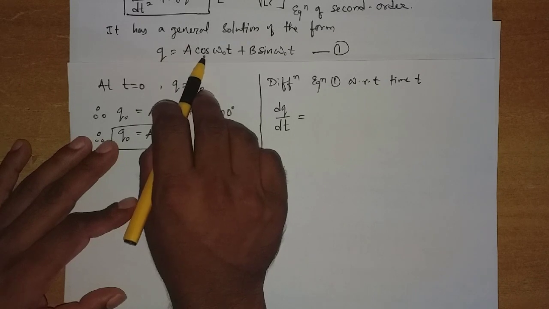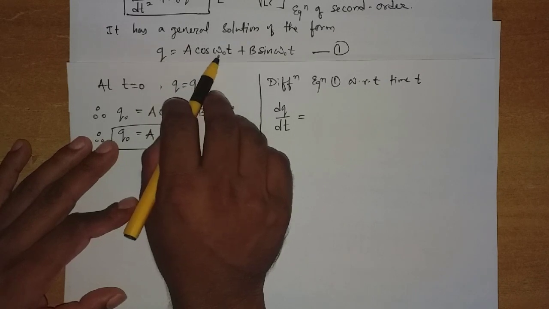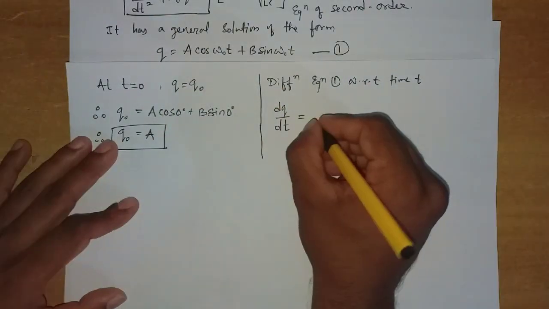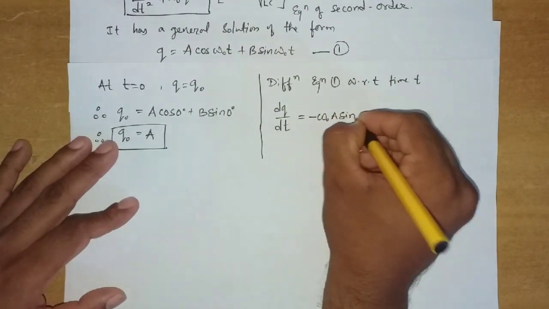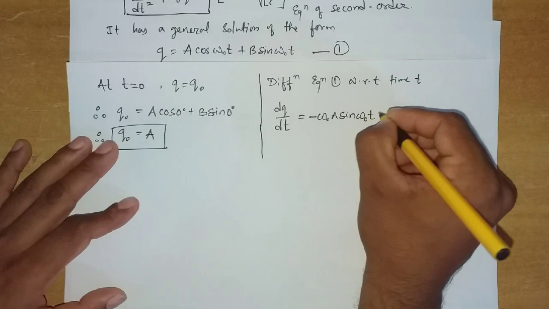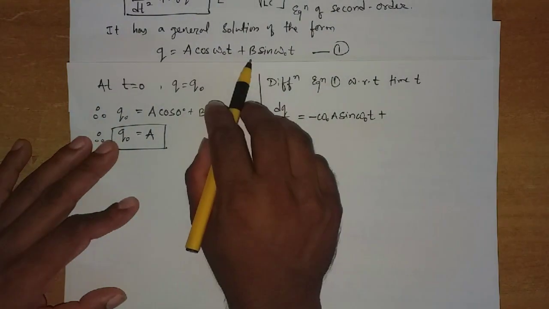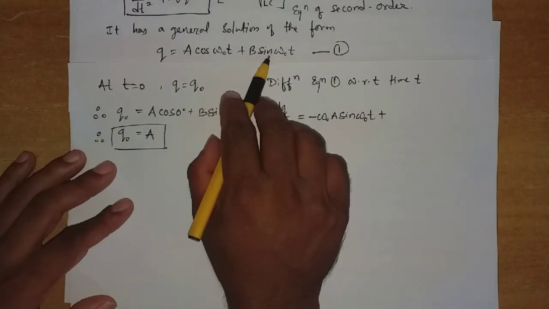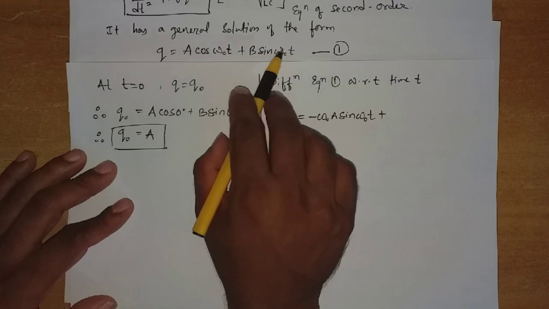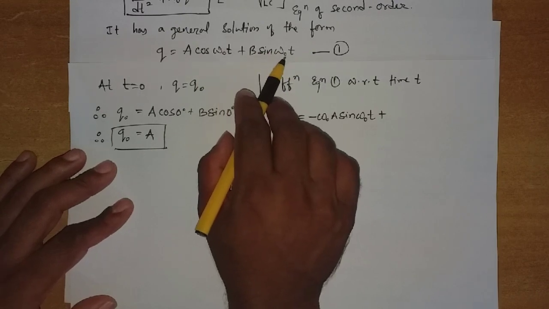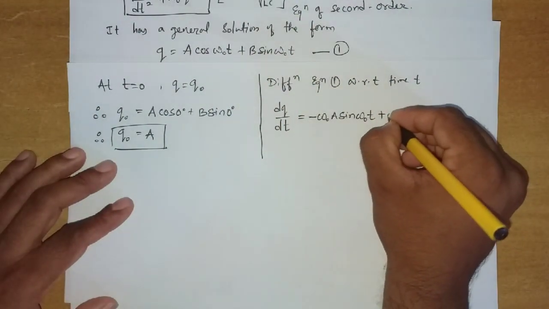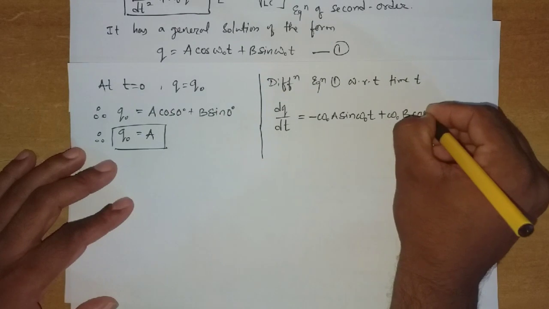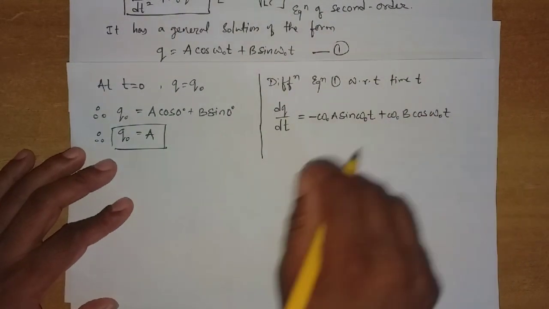Differentiation of cos is minus sine, and differentiation of omega naught t is omega naught. So it will be minus omega naught A sine omega naught t, plus B is again a constant, differentiation of sine is cos, and again differentiation of omega naught t is omega naught. So this term is omega naught B cos omega naught t.